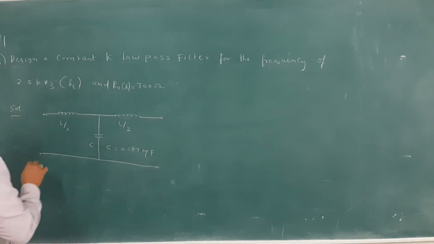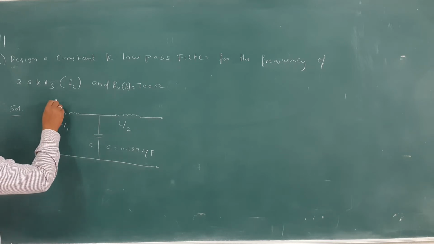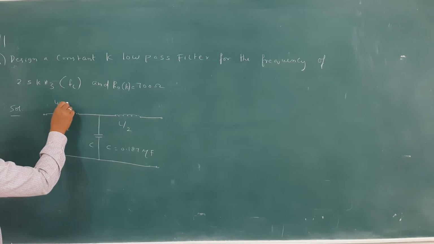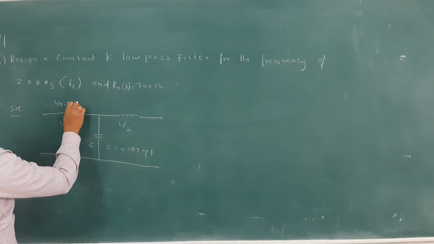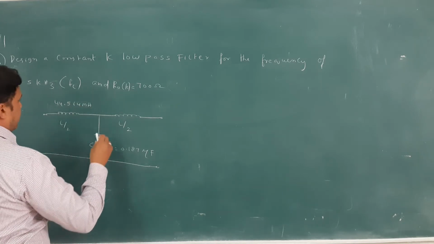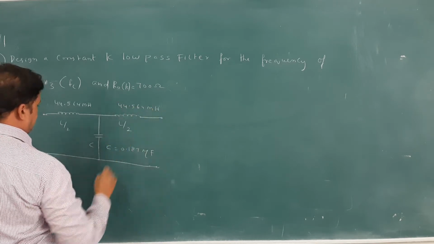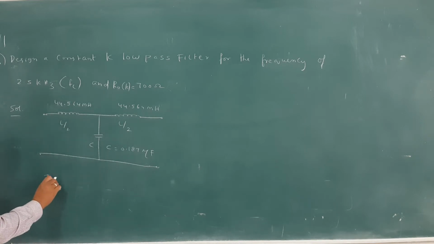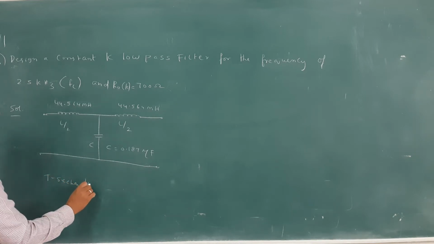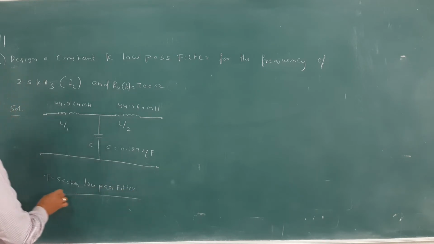And what is L by 2? For that we have to divide by 2, and we get 44.564 millihenry, and here also 44.564 millihenry. So this is the T section low pass filter design. These are the values for it.